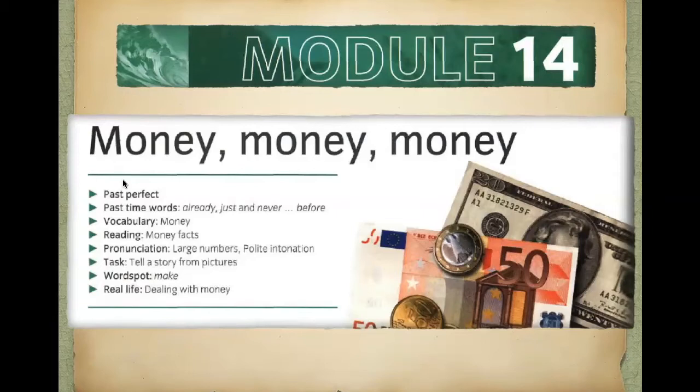Here we're going to learn, for example, Money, Money, Money. This is the title of this lesson. The contents of this lesson are past perfect, past time words, vocabulary, reading, pronunciation. You're going to have a task, and word spot, and real life.